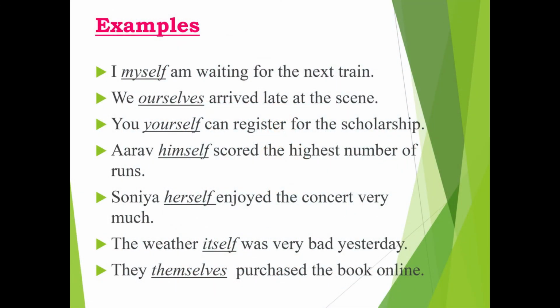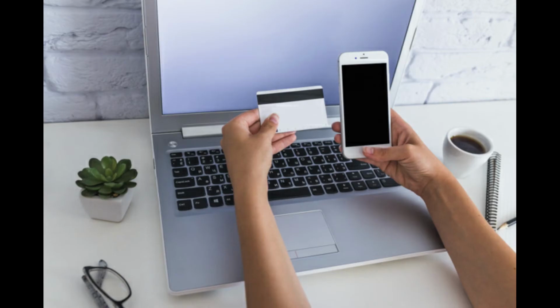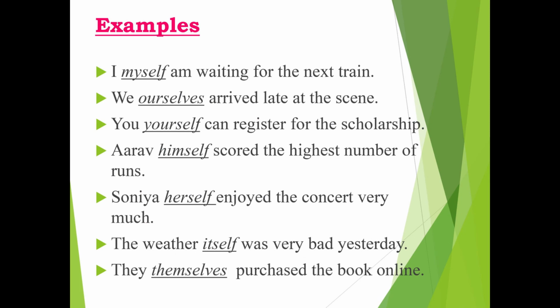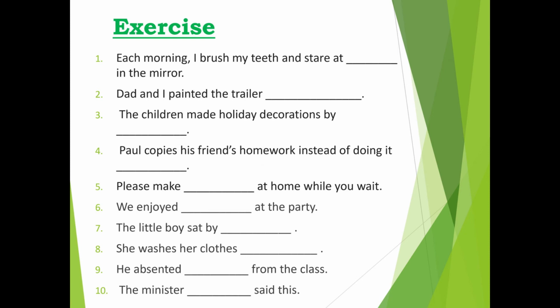Itself is emphasizing weather. Next, they themselves purchased the book online. So here the emphasis is on they. And if I remove themselves, then also the sentence will make sense. So these pronouns are used just to emphasize the subject. Okay? Let's move on to the exercise.